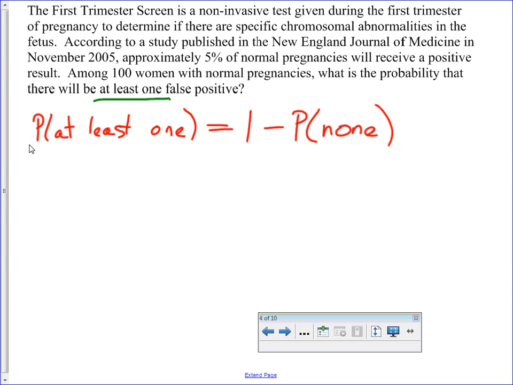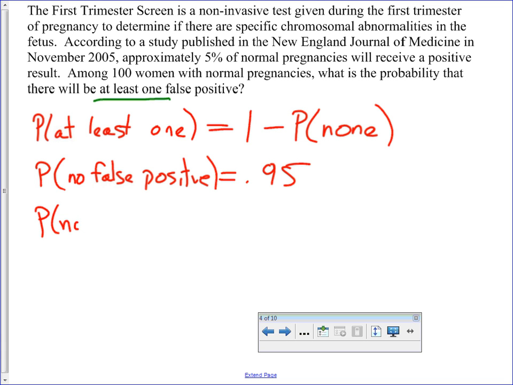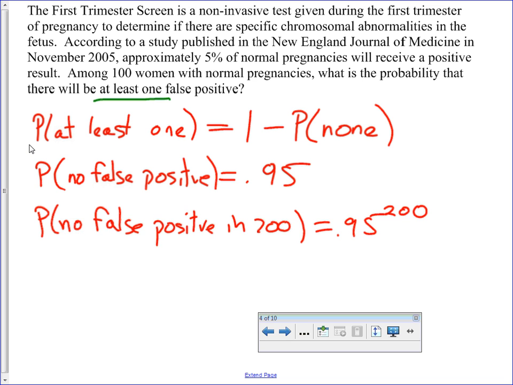So if the probability of a false positive is 0.05, then the probability of no false positive is 0.95. But we're not giving one test, so the probability of no false positives in 200 tests is 0.95 to the 200th power.